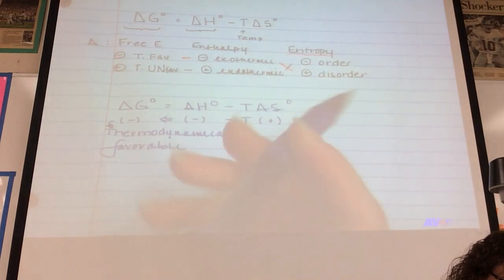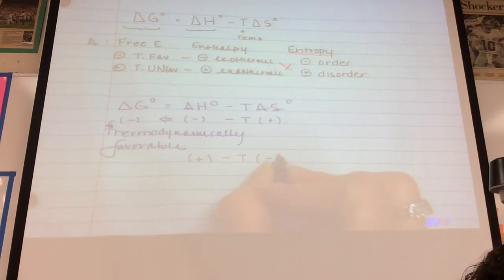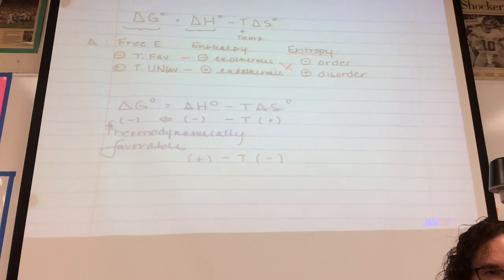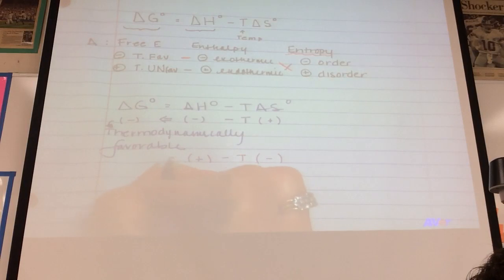On the flip side, if you have an endothermic reaction with a positive delta H and a reaction that illustrates order, maybe going from liquid to solid, or if you have all gaseous substances you are decreasing the number of moles from reactant to product looking at stoichiometric coefficients, a positive minus a negative will always, always, always give rise to a positive, and that is indicative of a thermodynamically unfavorable or non-spontaneous reaction.